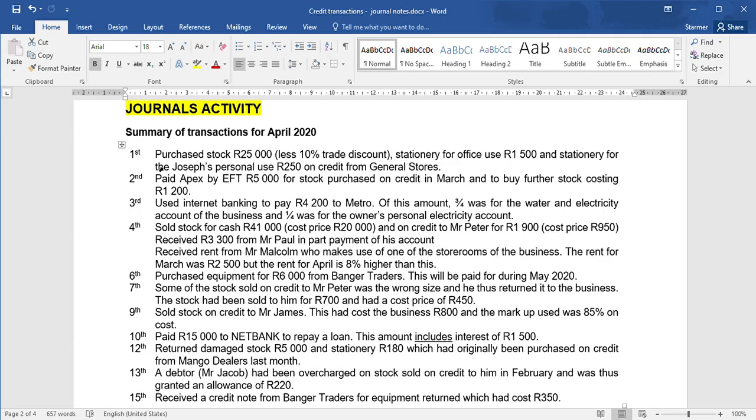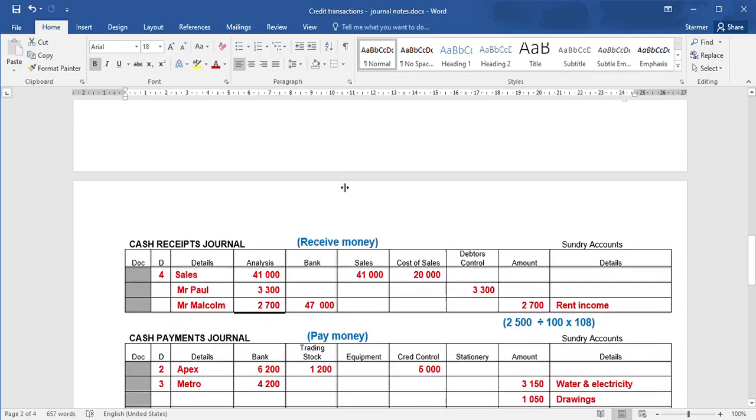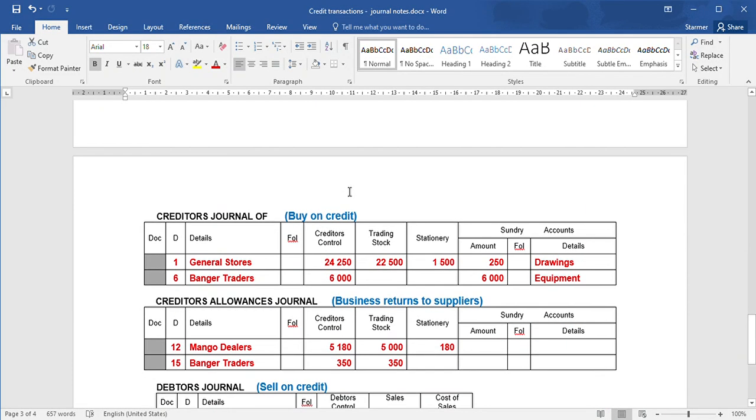Alright, so the first one says we purchased stock 25,000 Rand, less 10% trade discount, stationery for office use, and stationery for Joseph's personal use. And it says there on credit. So we're not paying for that yet, so it's going to go into your creditors journal. In your creditors journal, the stock we bought cost 25,000 Rand, but you got a 10% discount.